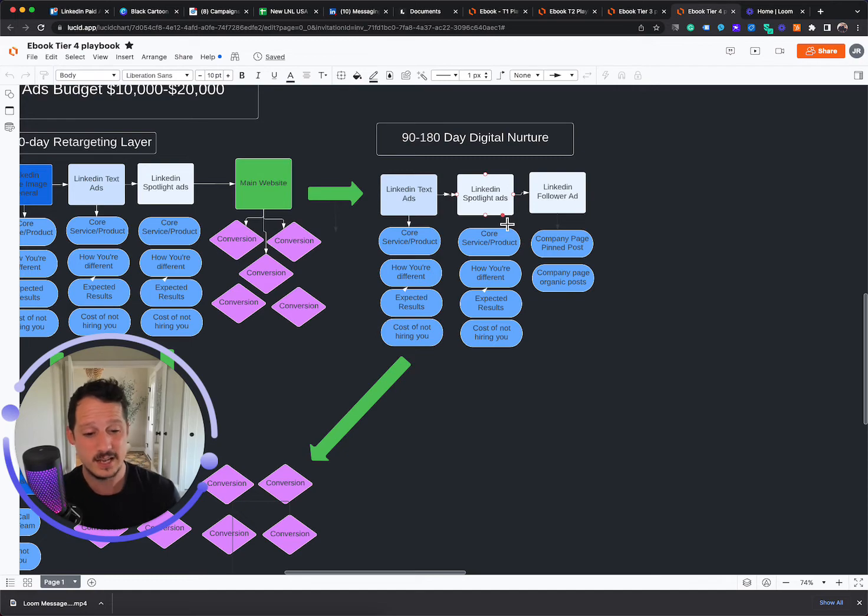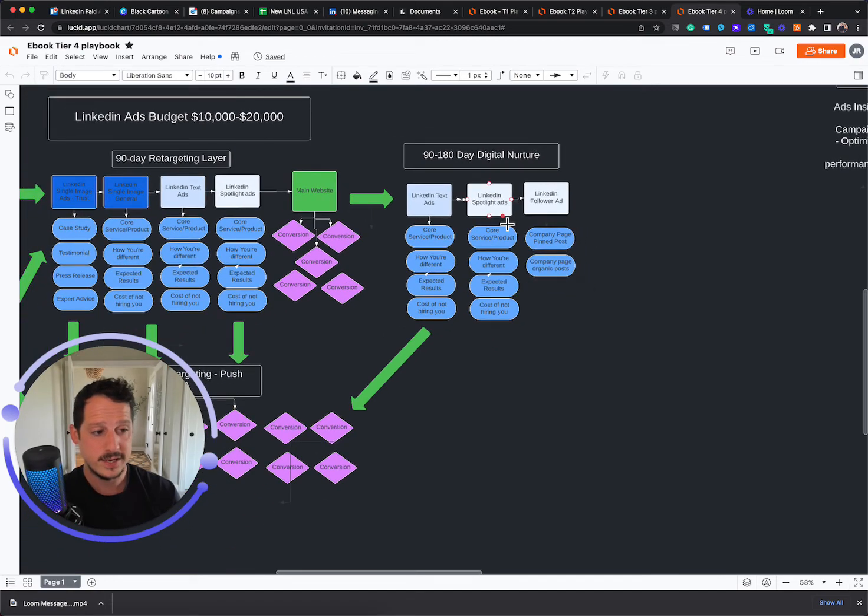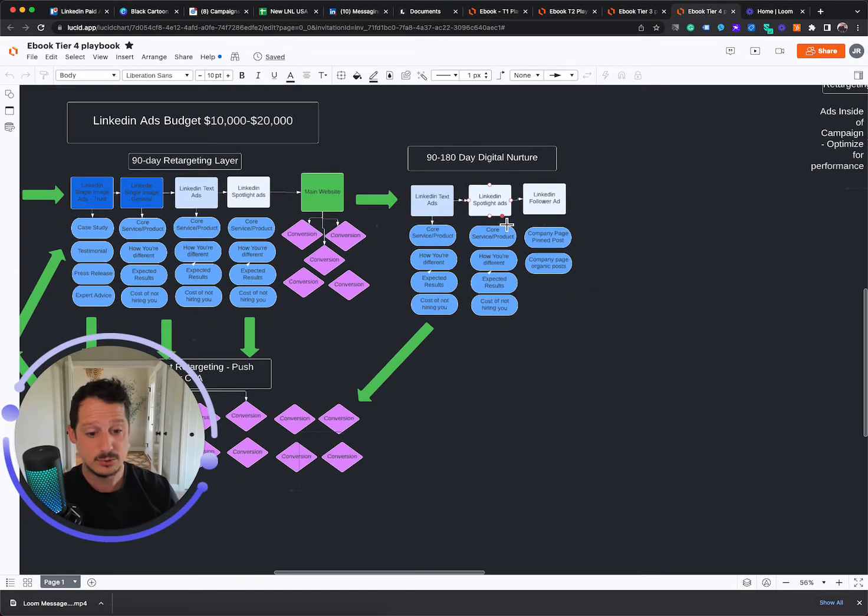If we really wanted to limit the budget, we could ad schedule. So maybe we don't even run all of these every day or every hour of every day. We stagger these so that a couple days a week we're running text ads, a couple days a week we're running spotlight ads, and maybe Monday through Friday we're running follower ads for a very low budget.